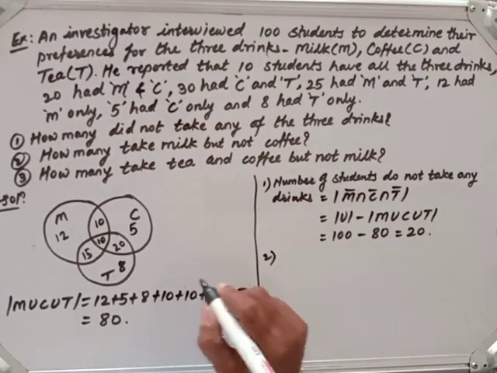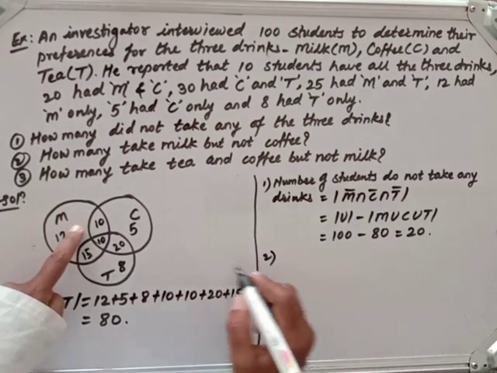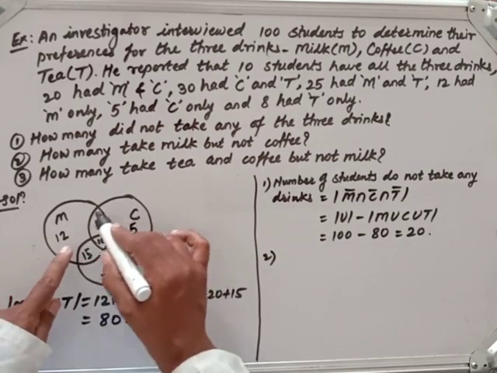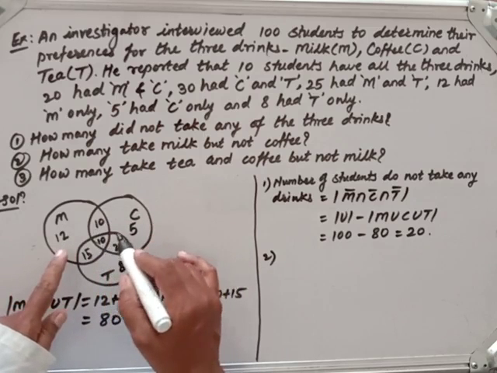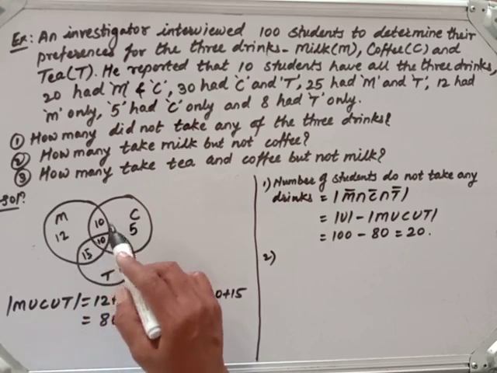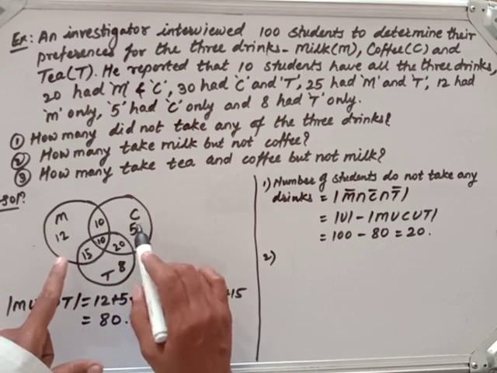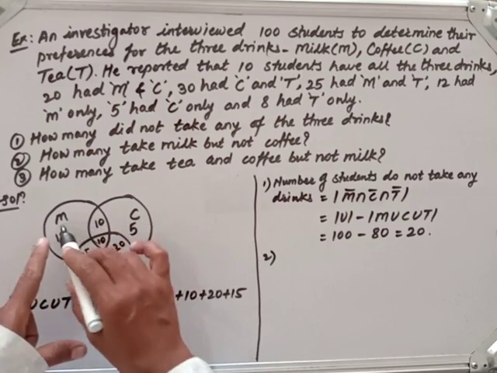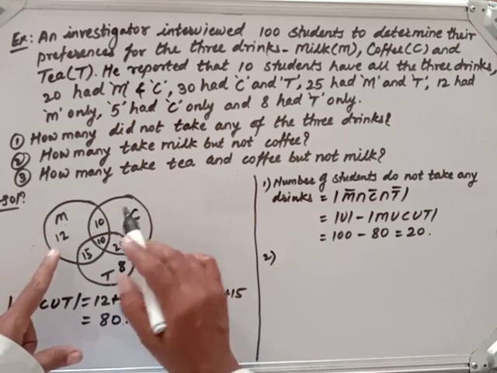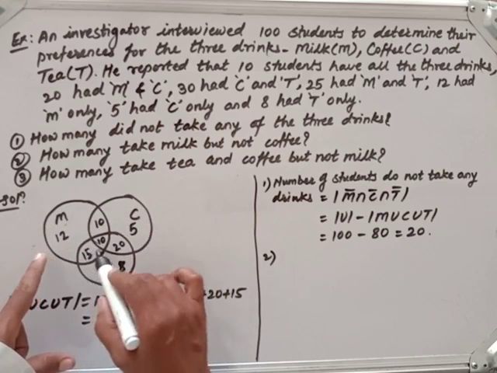Now the second: how many take milk but not coffee? This is the set of milk and this is the set of coffee. Here it is the difference between M and C. If we take M minus C, then this part is left.